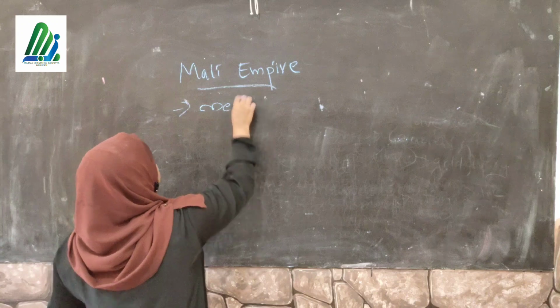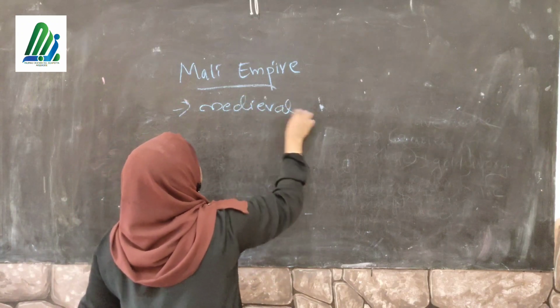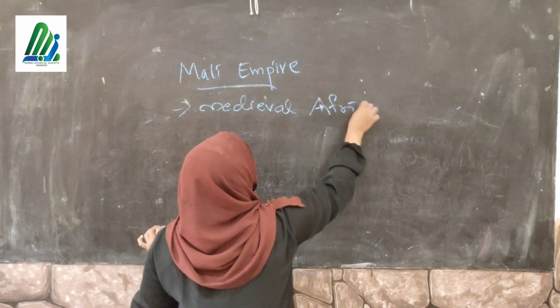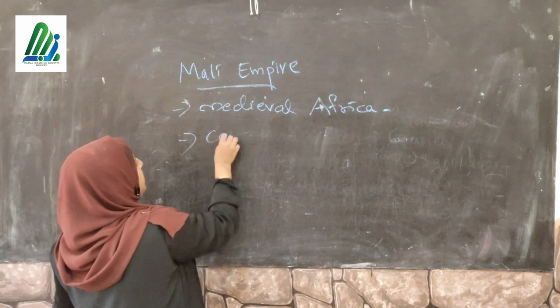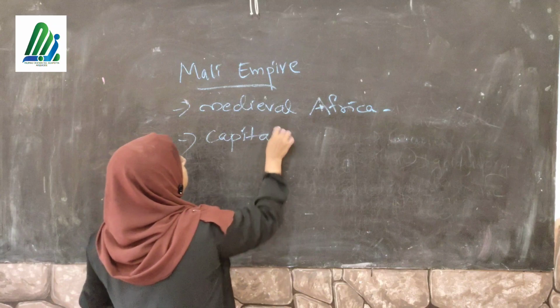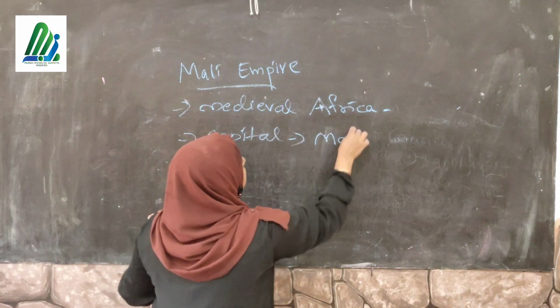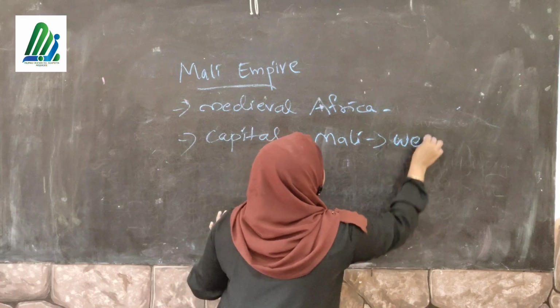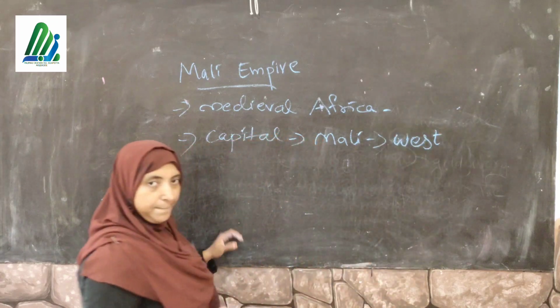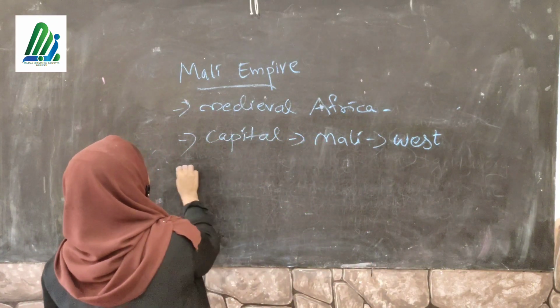So please note that point, medieval Africa. Then the second point, capital. The capital was Mali. It was in West Africa, the west part of Africa. Clear?